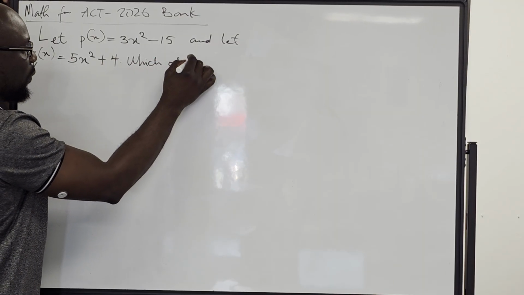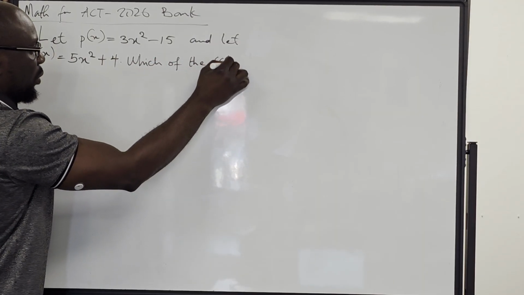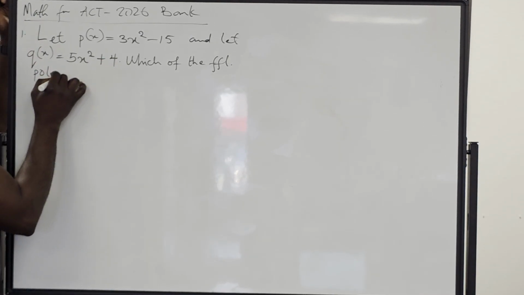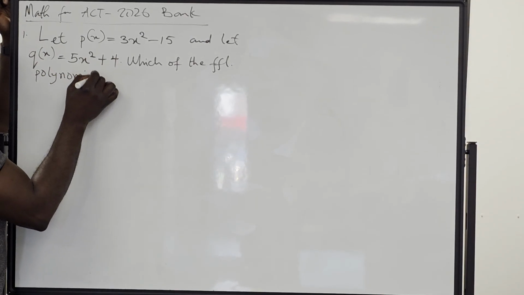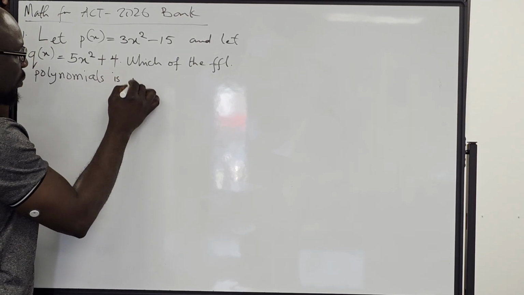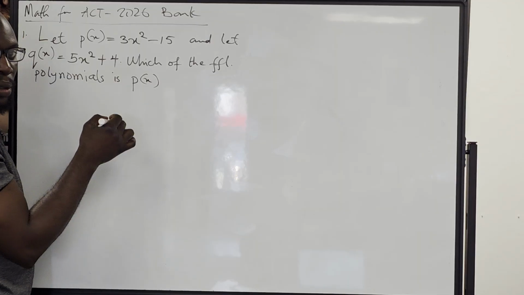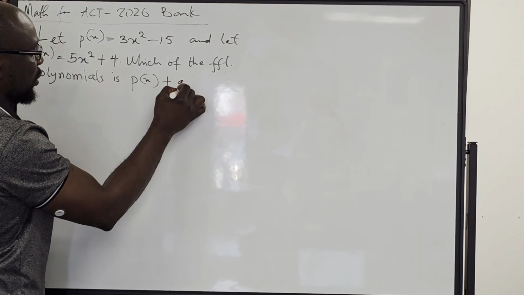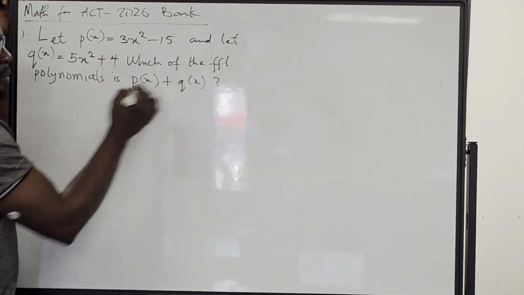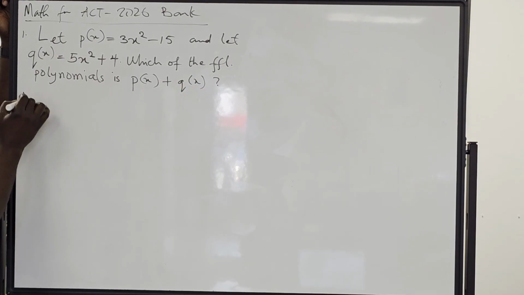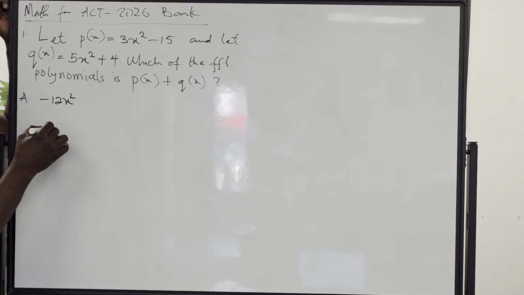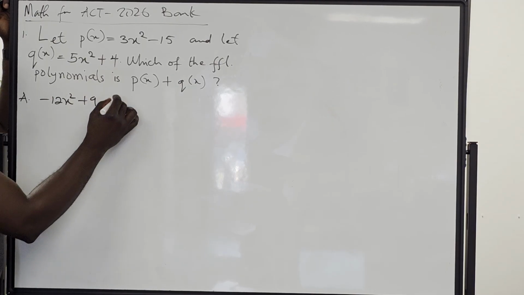Which of the following polynomials is P(x) plus Q(x)? Option A is minus 12x squared plus 9.